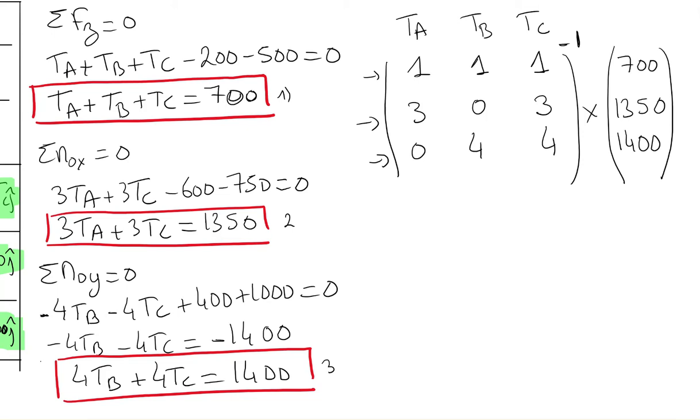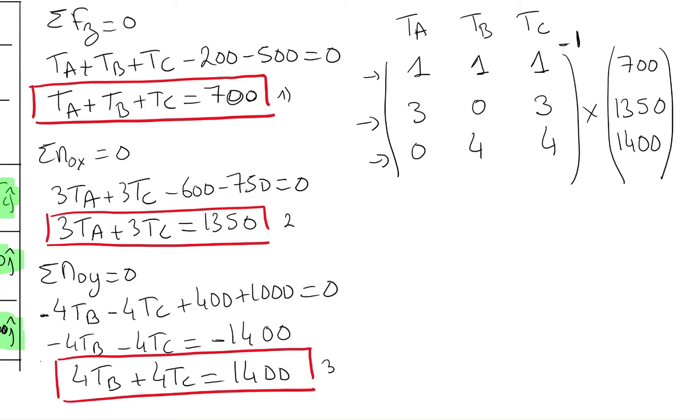You go to the matrix menu. You need the 3 by 3 matrix. Edit. So 1, 1, 1, 1, 1, 1, 3, 0, 3, 0, 4, 4. And you need a second matrix, or you can use RREF if you prefer. Your matrix is 700, 1350, 1400. Second, quit, and after that you call your matrix on the main page.